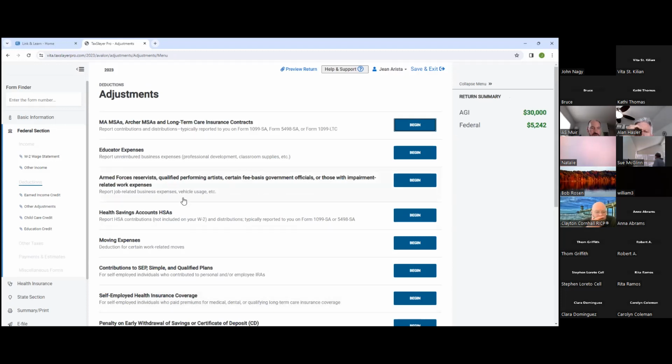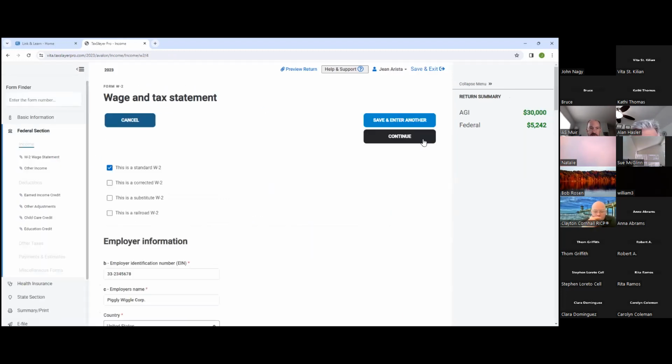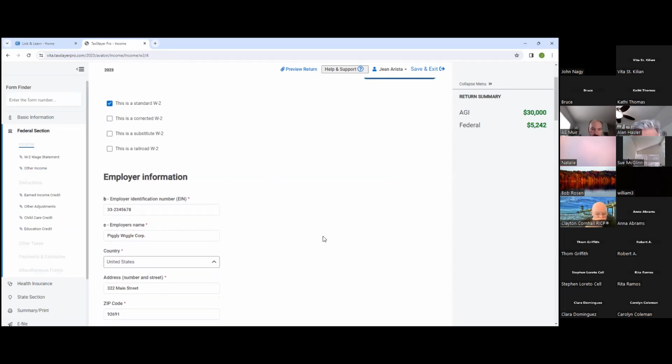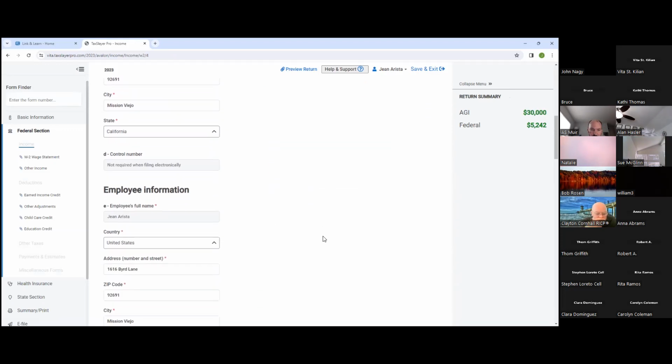Okay, so we're going to go over here to the left-hand side and see if we've addressed all of our concerns. Let me go back into our wage statement and take a look and see if we've entered all the data that we need to enter. And again, this is her W-2 for Piggly Wiggle.